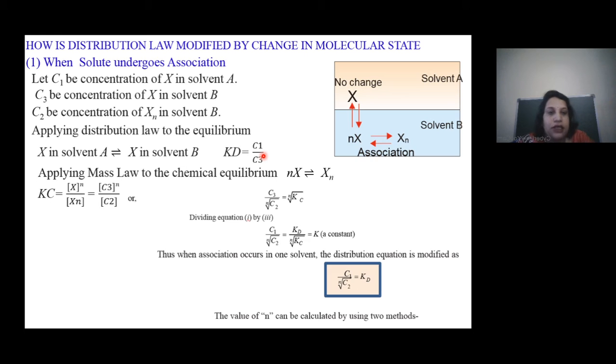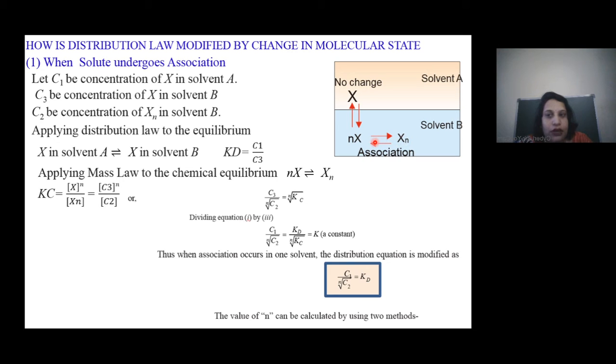But here some chemical equilibrium is also occurring: N X goes to XN. So we can apply the law of mass action here. The distribution law is applicable across the phases, and the law of mass action is applicable along this chemical equilibrium. So Kc will be X to the power N upon XN.